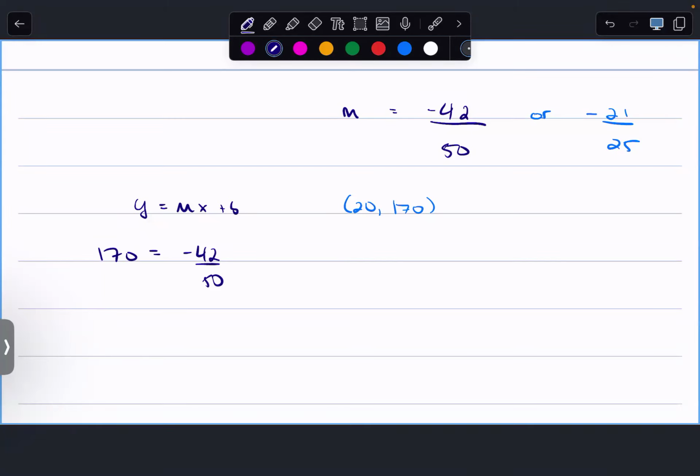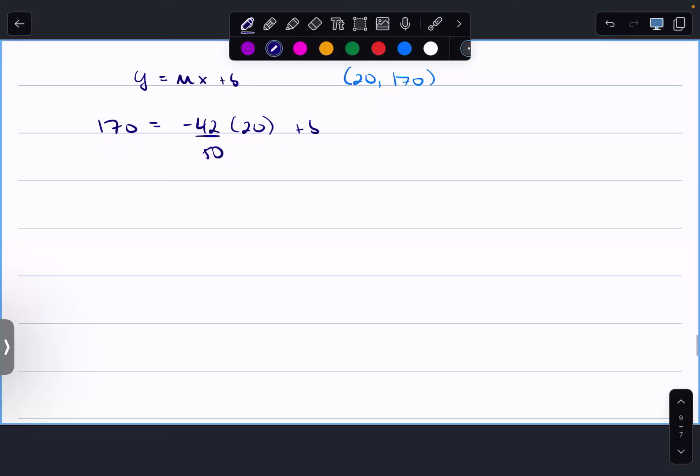Negative 42 over 50 times 20 plus b. Okay, a little bit more work this time, right? So we'll kind of walk through it here. Negative 42 times 20, let's do that first. Negative 42 times 20 puts us at negative 840 over 50, which I'm going to see if it reduces to anything nice. It does not, so I'm just going to leave it as is.